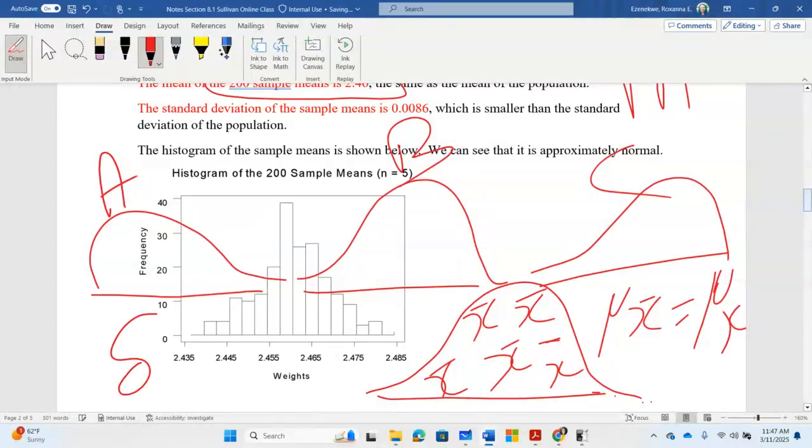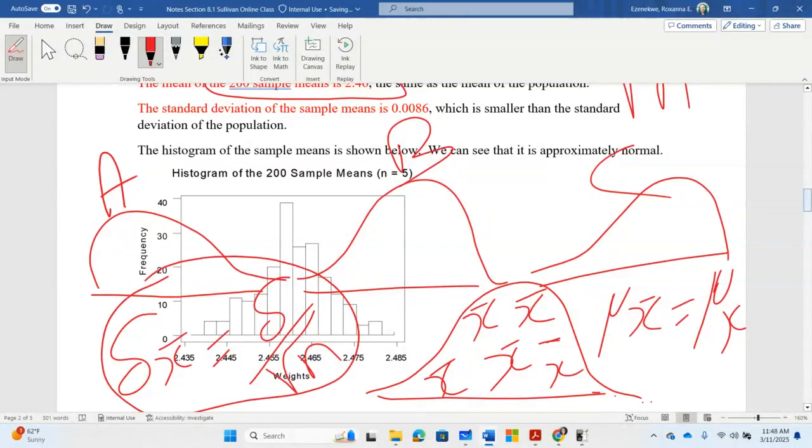The standard deviation of the central limit theorem, the distribution of means, is called the standard error, and standard error is the same as standard deviation over the square root of sample size.